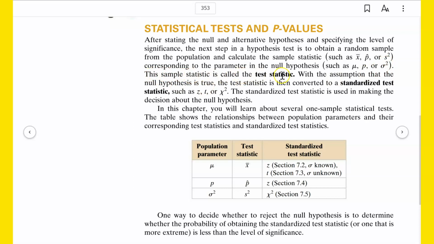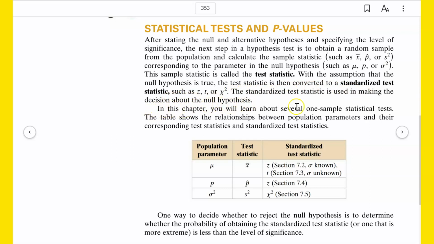This sample statistic is called the test statistic. With the assumption that the null hypothesis is true, the test statistic is then converted to a standardized test statistic such as z, t, or chi squared. That's the Greek letter chi. The standardized test statistic is used in making the decision about the null hypothesis.